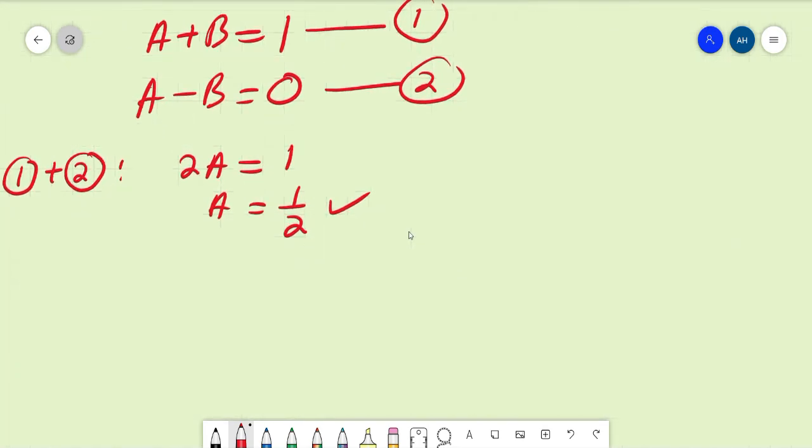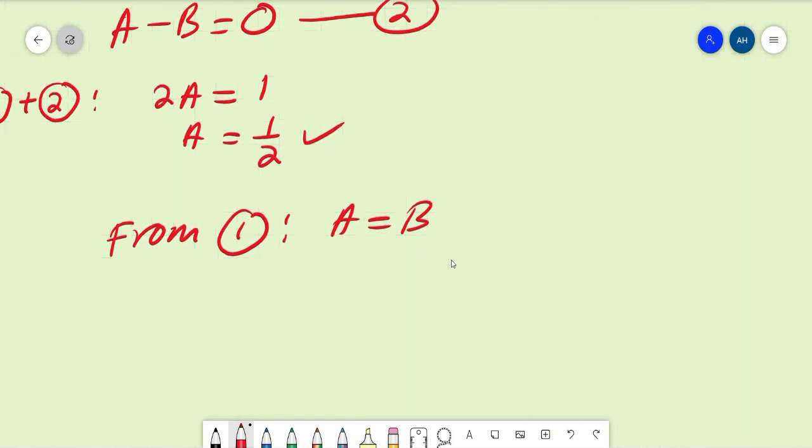Now, from equation number 2, what we have is a equal to b, right? A equal to b. Therefore, since a equal to 1 half, b also equal to 1 over 2, 1 half.